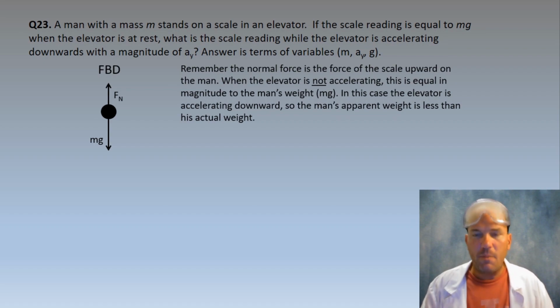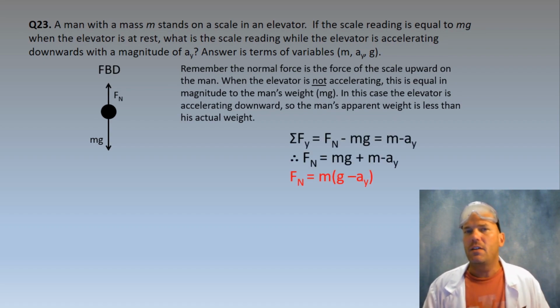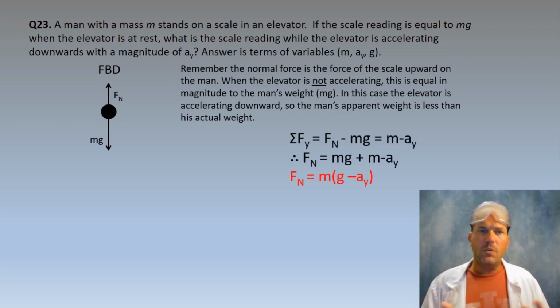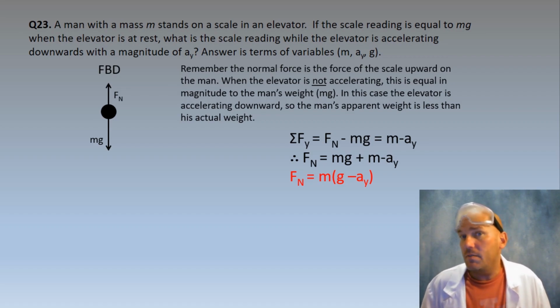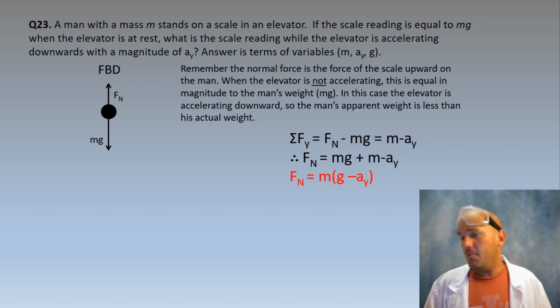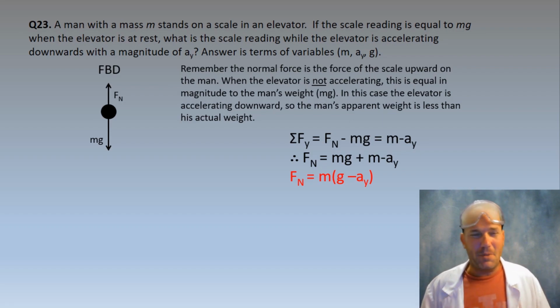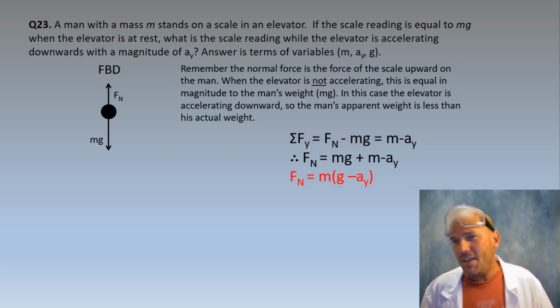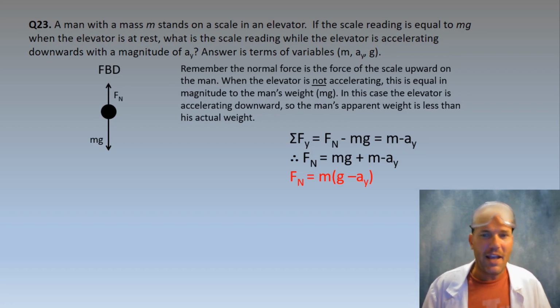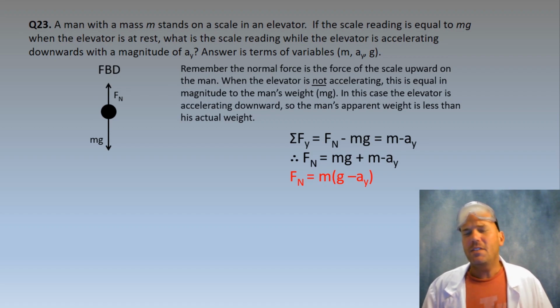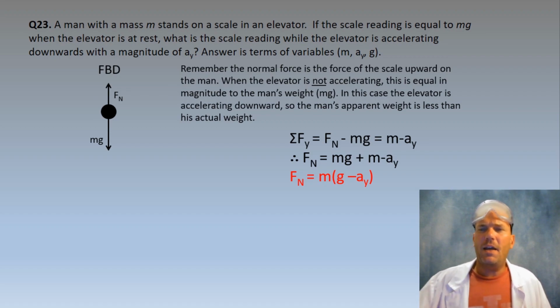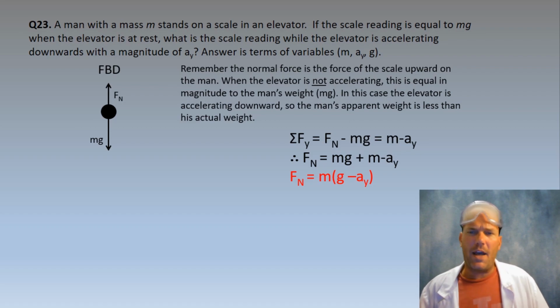When you sum the forces, let's go ahead and do that. Vertically, force normal, if we call up positive and down negative, this is where we get into that, where sometimes we won't do that as long as we're consistent. But force normal up minus force of gravity, which is down, is equal to mass multiplied by the acceleration in the y.